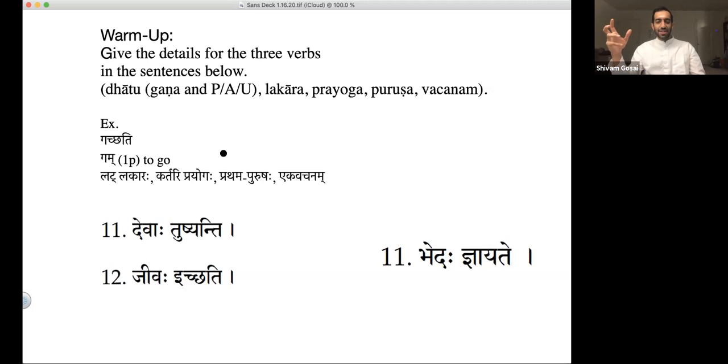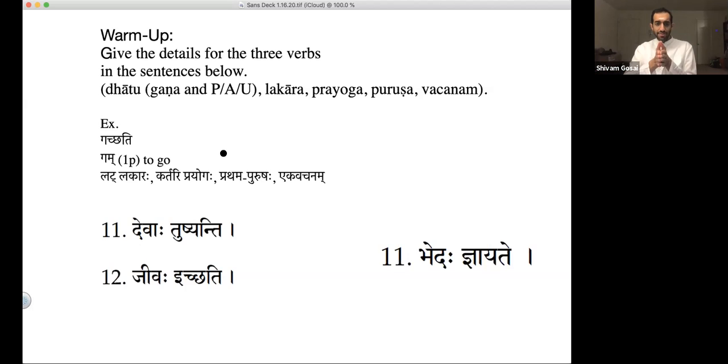This is important because the verb is the main part of the sentence. Soon we'll start talking about nouns, and nouns only get meaning based on their relationship to the verb. So we want to understand the verb and whether it's in passive or active voice, kartari prayoga or karmani prayoga, because that changes the structure of the sentence.